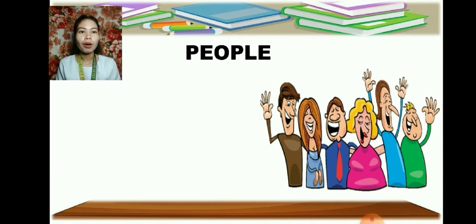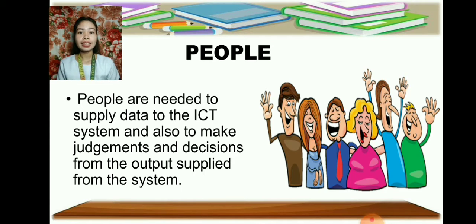People are needed to supply data to the ICT system and also to make judgments and decisions from the output supplied by the system. People are important in ICT because they are the ones who enter data in the computer. They also make judgments and decisions from the output supplied by the system.